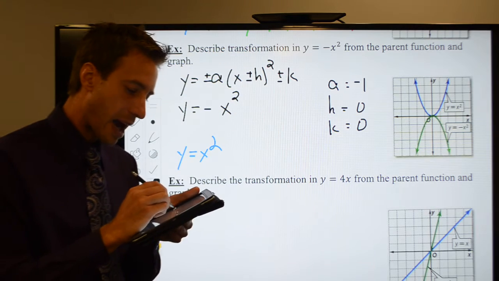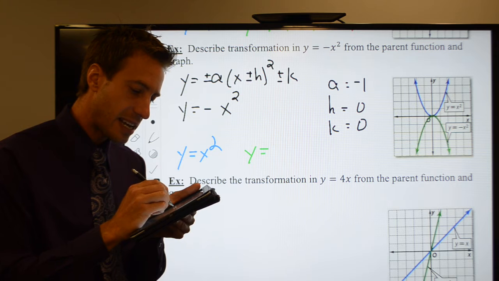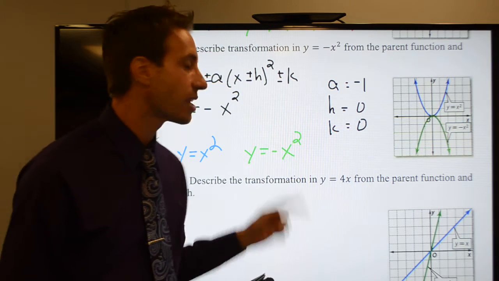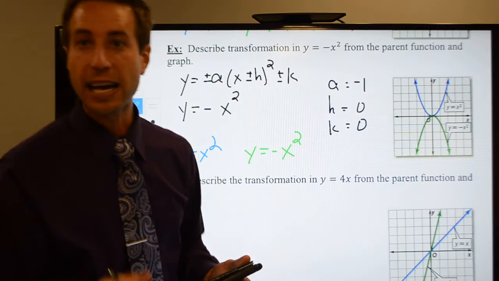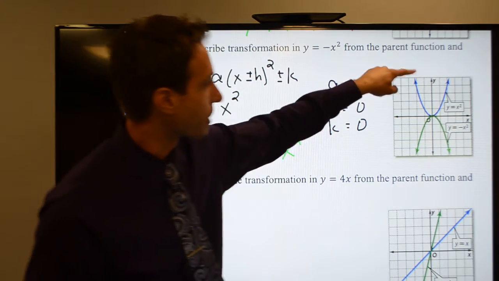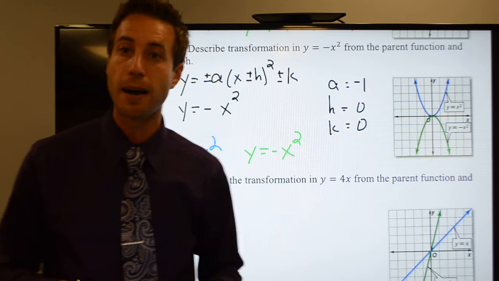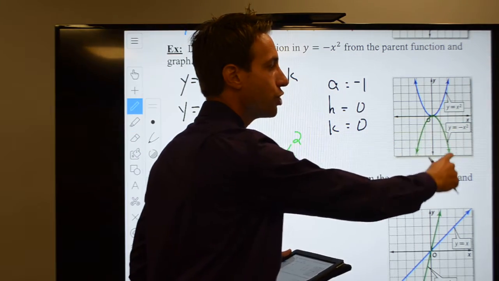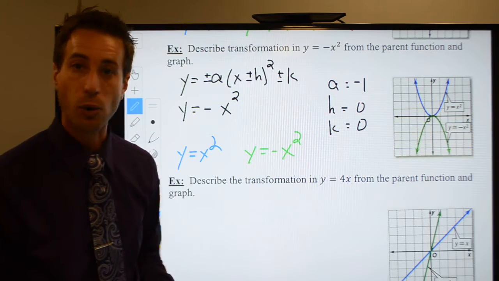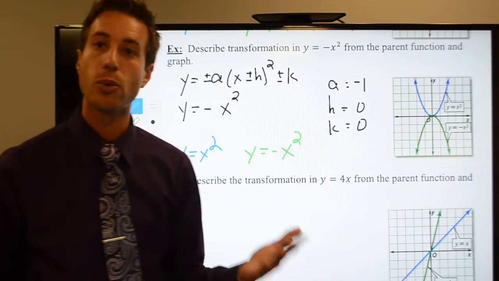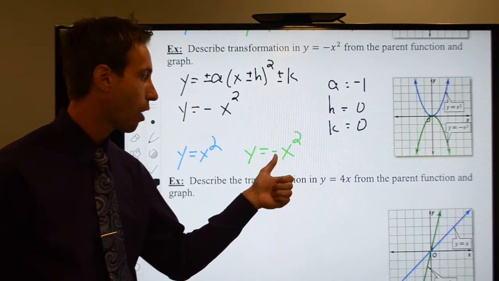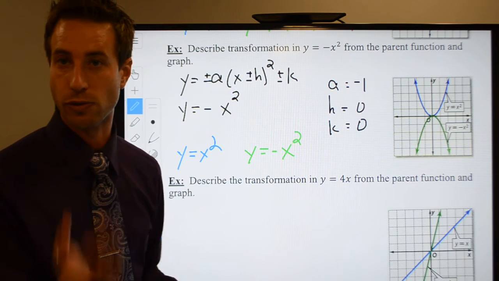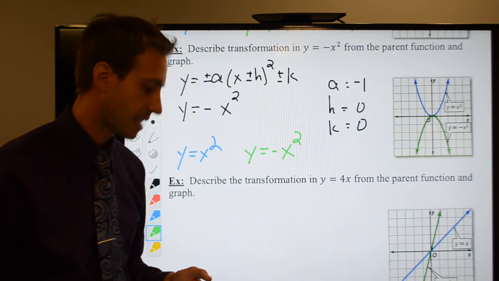But I now have y equals negative x squared, and I know that the negative sign out front flips that graph across the x-axis. I'm going to take that U shape that's opening up, I'm going to flip it across the x-axis, and I now have that U shape opening down, but it is still going through the origin, right? All I've done is a reflection. This is a reflection transformation across the x-axis.